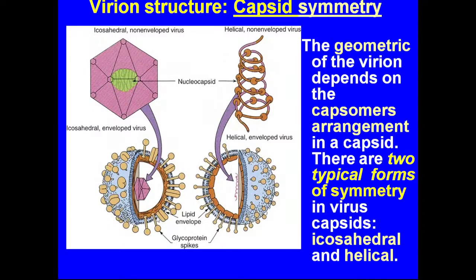If in the enveloped virus the phospholipid bilayer is destroyed, these glycoproteins on the surface, which are very important for binding of the virus with the cell and entering into the cell, are destroyed too.